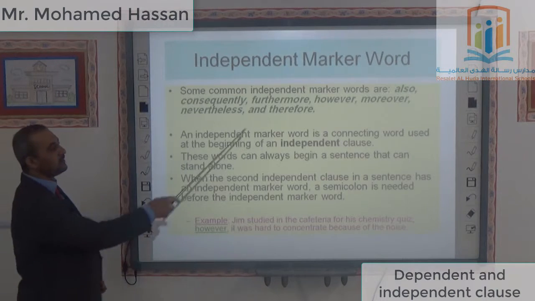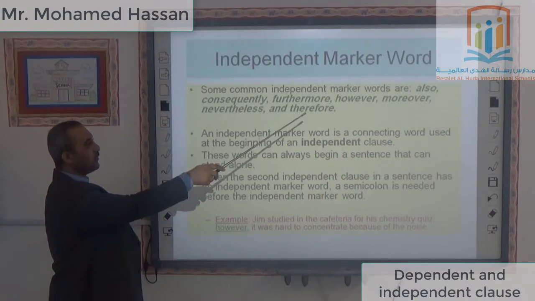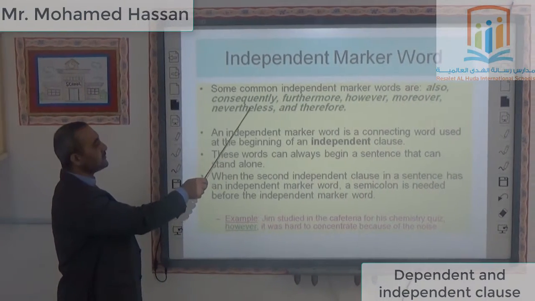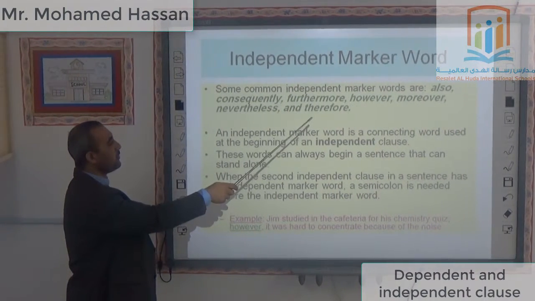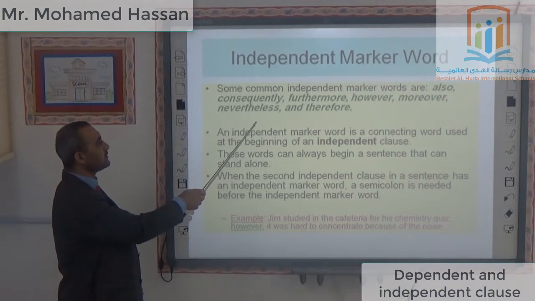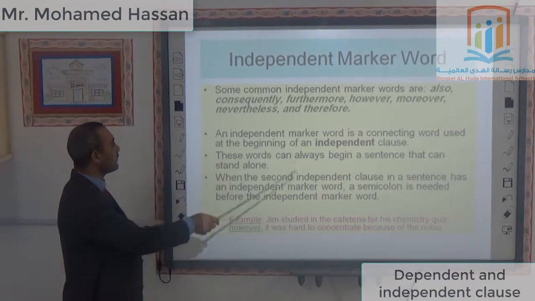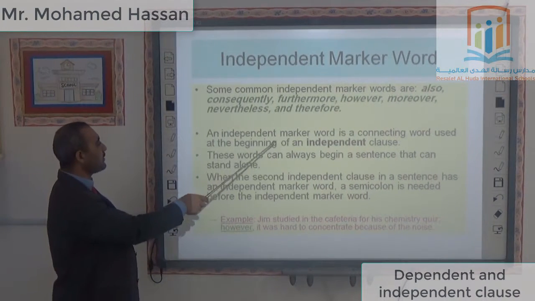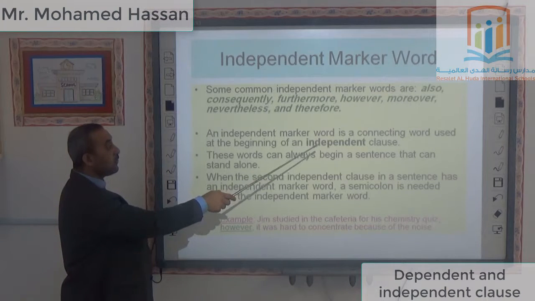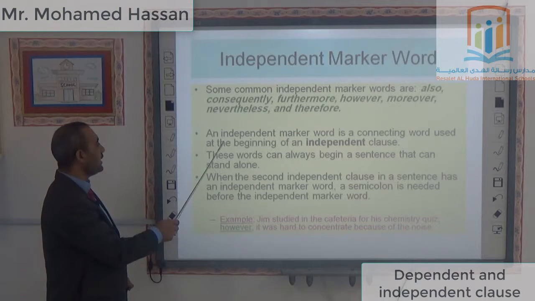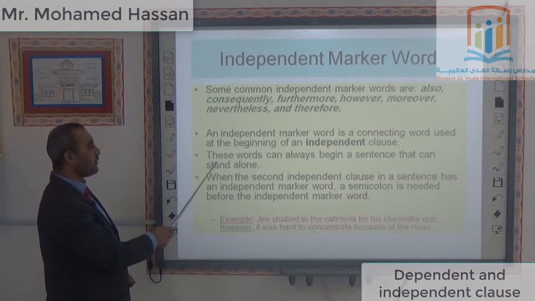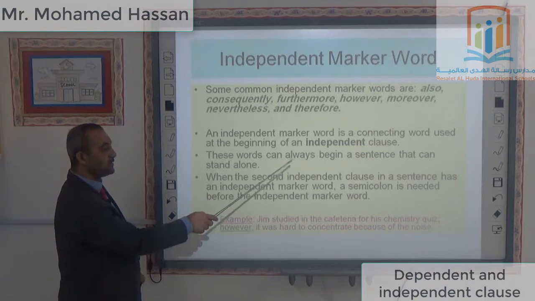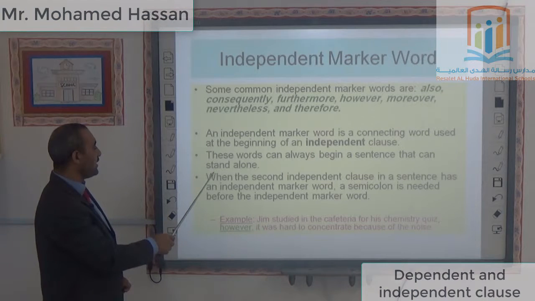Some common independent marker words are also, consequently, furthermore, however, moreover, nevertheless, and therefore. An independent marker word is a connecting word used at the beginning of an independent clause. These words can always begin a sentence that can stand alone.